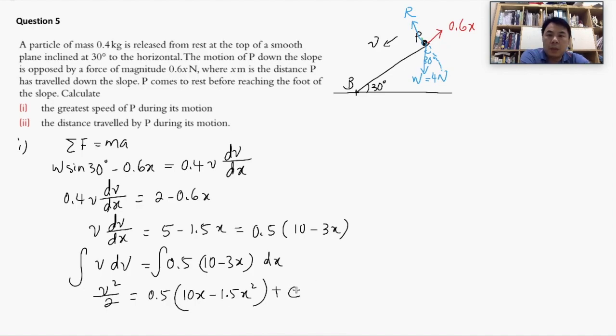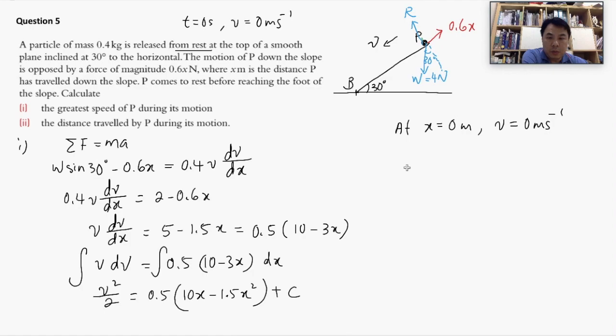Plus a c. At x equal to 0 meter, it was released from rest, meaning that at t equal to 0 second, v should be 0 meter per second. That's what it meant here. Now we substitute this into the equation.